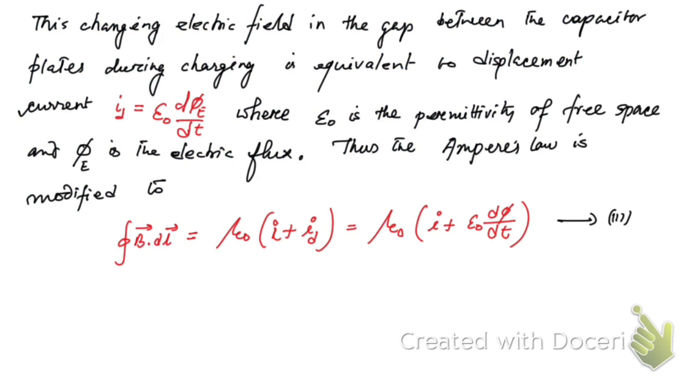This displacement current is equal to epsilon naught d phi e by dt, where phi e is the electric flux. This gives the rate of change of electric flux. So that's why in Ampere's law, in addition to mu naught I, there is another term, mu naught I d, which is the displacement current, equal to this. So this is the modified Ampere's law.